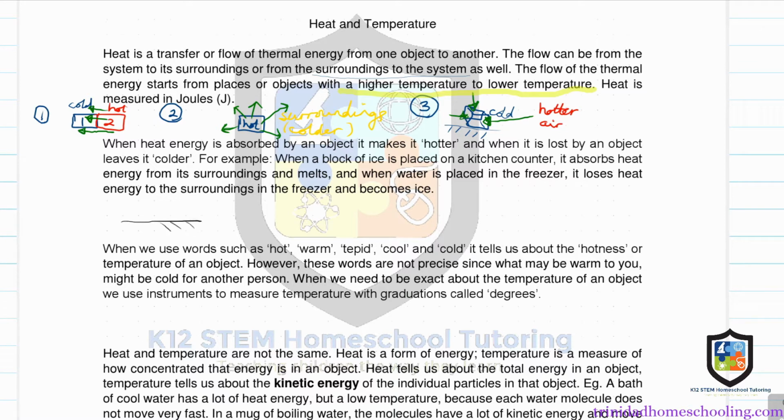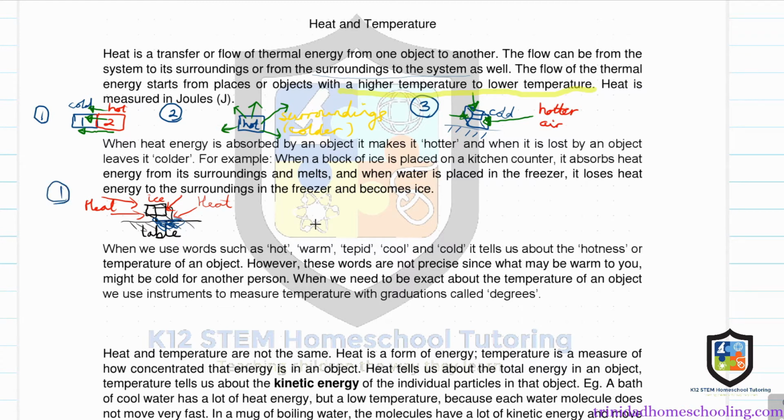You have your table, and then you have your block of ice on your table, and you draw your heat from the surroundings moving into the block of ice. So heat here is being absorbed by the ice. Okay, your surroundings here is hotter, and then your ice is going to absorb that heat and start to melt.